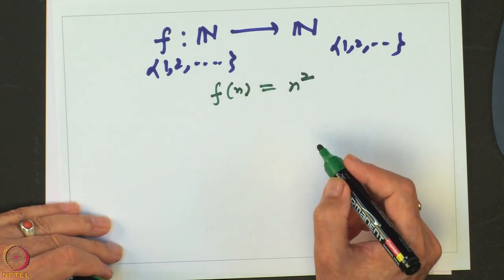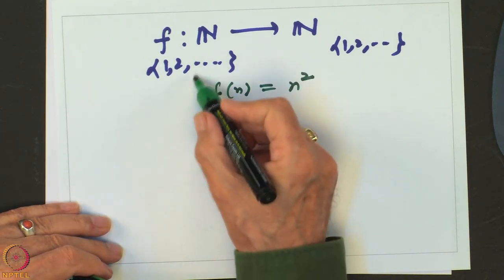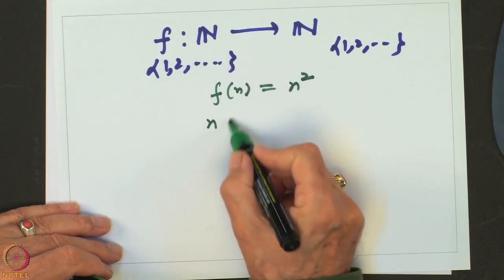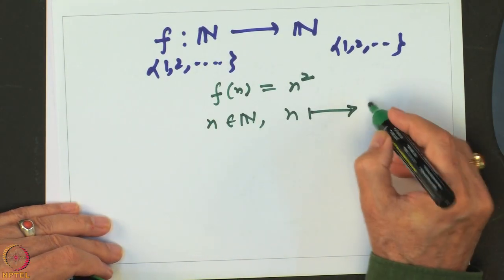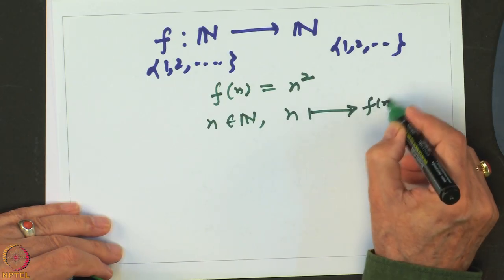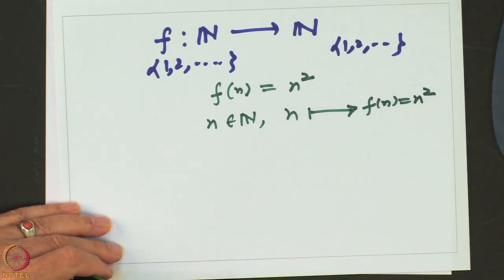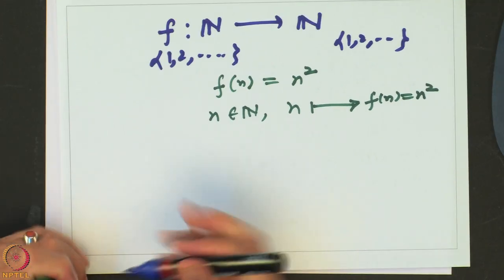That means what? That means if I pick up a point n in the domain, then this n goes to f of n, which is n square. So, what is the domain of the function?